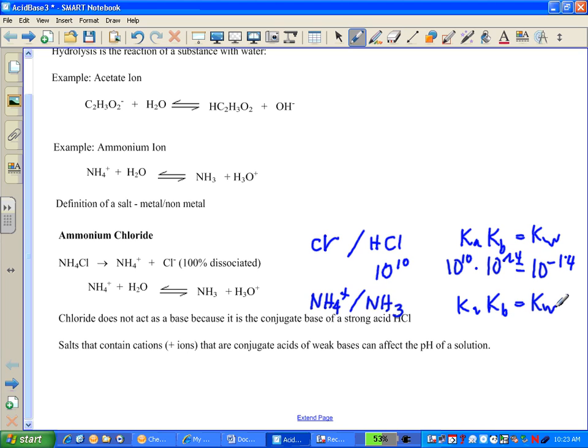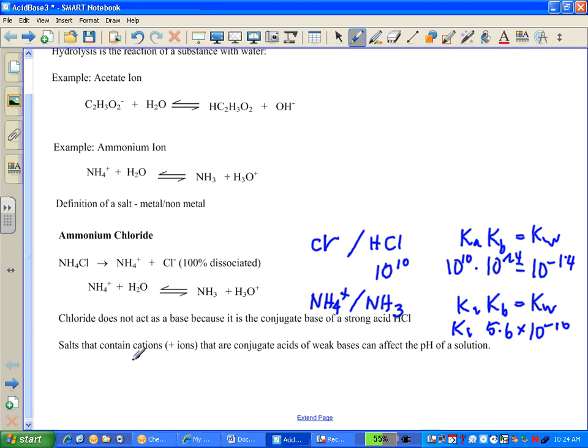And if we calculate, what we see is that the Ka for NH4+ is actually 5.56 times 10 to the negative 10. So you can see this is much, much larger, and it will actually have a measurable effect. It is acidic enough that we can actually measure the quantity of H3O+ in the solution. So this relationship that you learned in the last lesson is critical to understanding whether or not an ion is going to affect the pH of the solution.